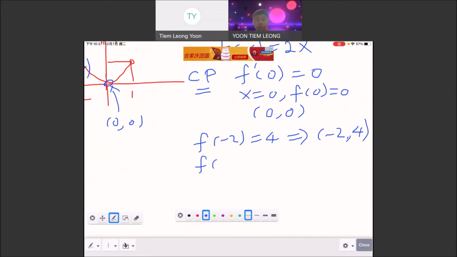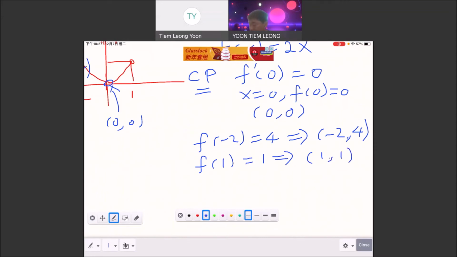Then you calculate the value of the function at the other endpoint. The other endpoint is defined at x equals 1. So this is equal to 1. So therefore, you have another point, which is at the endpoint x equals 1 and the value of f(x) equals 1.